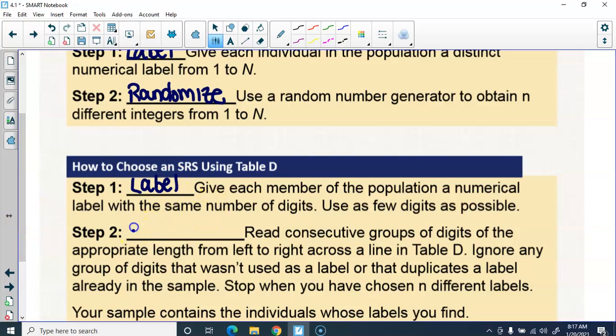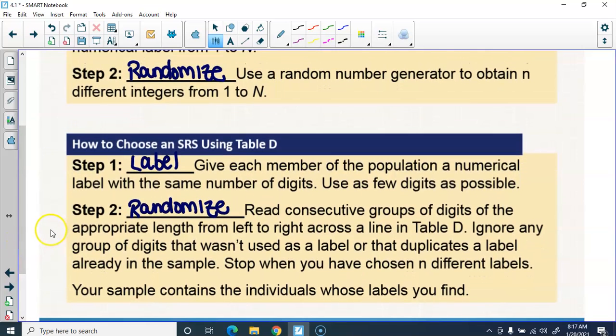And randomize on the table: we are going to read consecutive groups of digits of appropriate length from left to right across a line in Table D. So as I was mentioning before, if we're going by 2 digits, then we're looking at groups of 2 as we go across. Ignore any group that wasn't used as a label or that duplicates a label that's already been chosen. Stop when you have chosen your sample size.